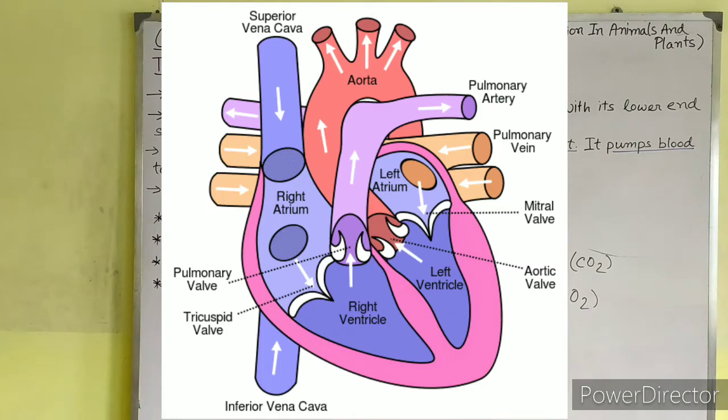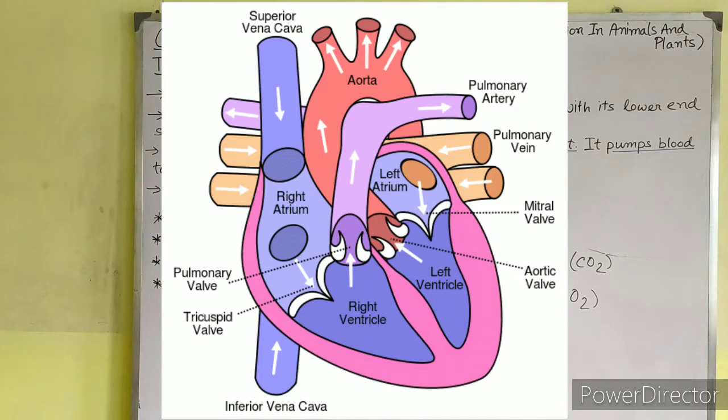We all know that we inhale oxygen, and this oxygen mixes with the blood and it is called oxygenated blood. This oxygenated blood enters the heart through the pulmonary vein into the left atrium.